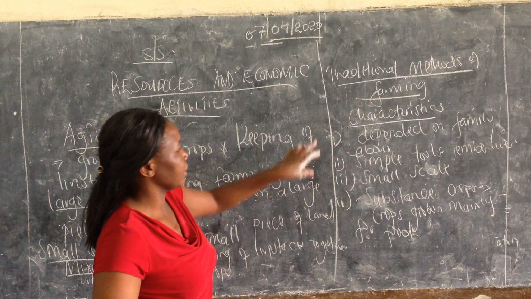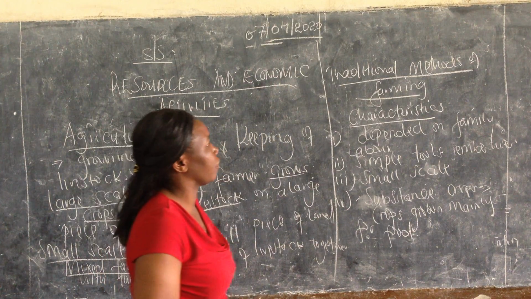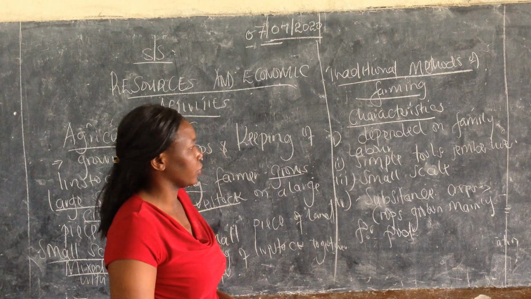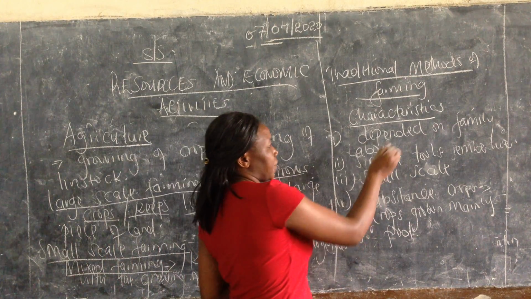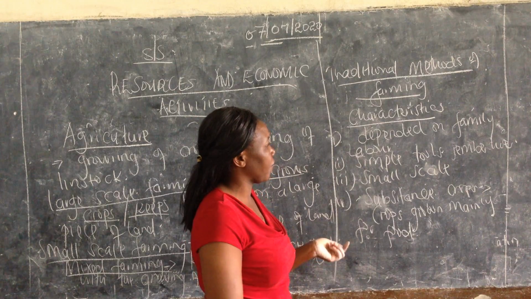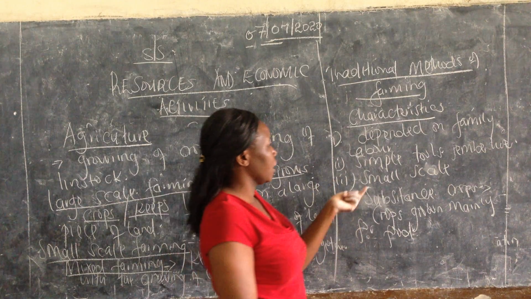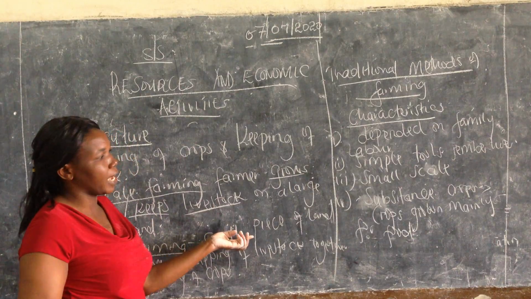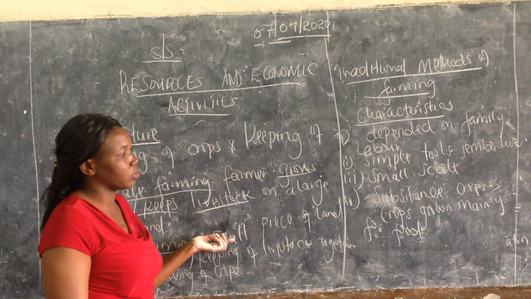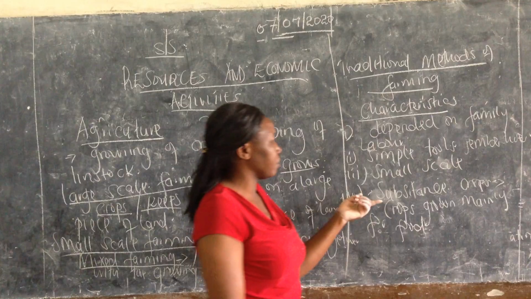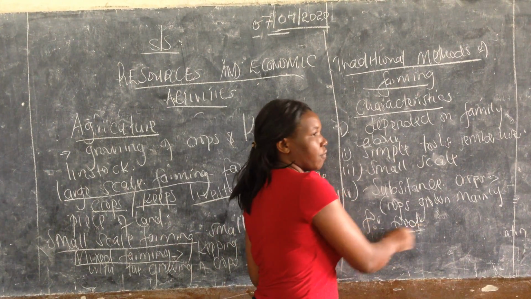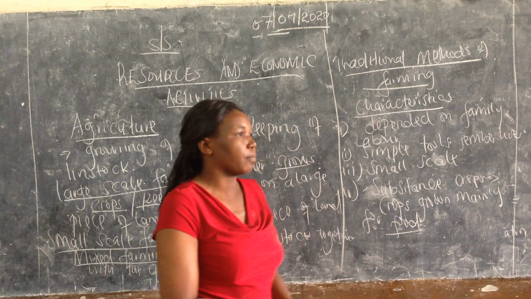So these are just a few characteristics of traditional farming. Families depended on family labor. Simple tools were used. They were small scale, meaning a small piece of land was used. Then we have subsistence crops, crops mainly grown for food.